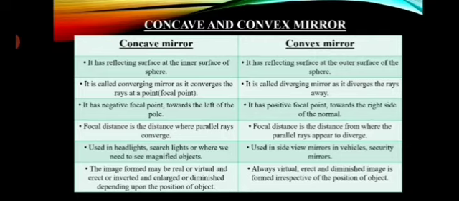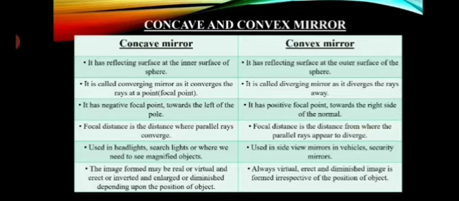The concave mirror is a converging mirror, as it converges the rays at a single point, which is the focal point. All the definitions regarding ray optics have been discussed in the previous lectures. The focal point is the point where all the rays converge in the converging mirror or the converging lens.